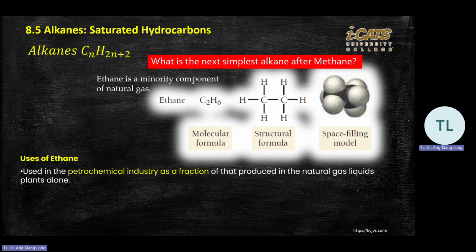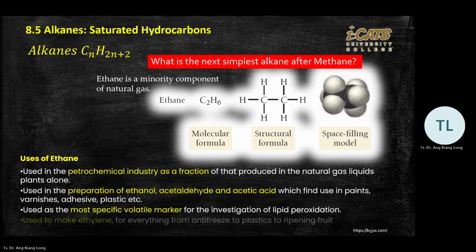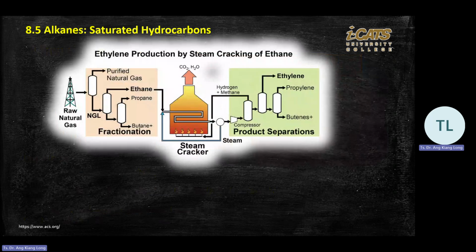For the uses of ethane, you read this one. These are the processes, and usually you use heat to break the bonding, then some cycle, and at the end you get the products.